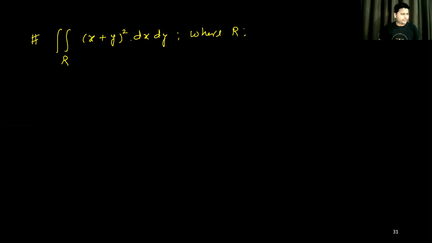This time the question is given as: change the double integral over R of (x plus y) whole square dx dy, where R is the region bounded by the points (1, 0), (3, 1), (2, 2), and (0, 1). Now I'm not talking about polar coordinates.